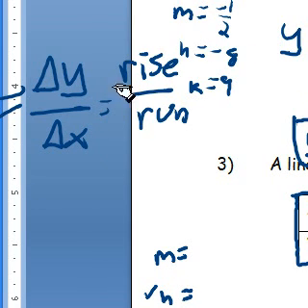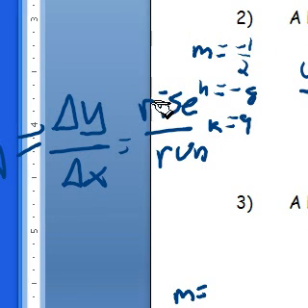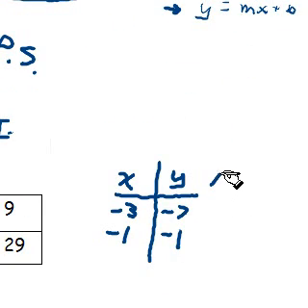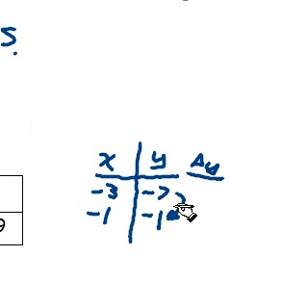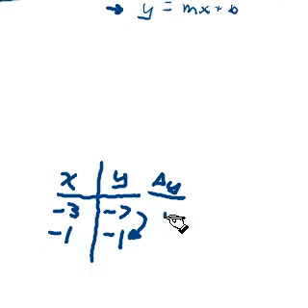It is. I'm not going to belabor the point of teaching that at this point, but what you need to know is that we can calculate our change in y by asking ourselves, how do we get from -7 to 1? That is a change of +6.